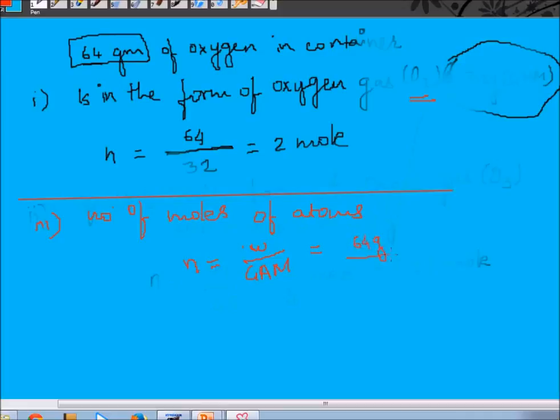Given mass cannot change, conservation of mass, and the gram atomic mass of oxygen we know to be 16 gram per mole. So 64 divided by 16 is equal to 4 mole. So we know that there are 4 mole atoms of oxygen inside that container.